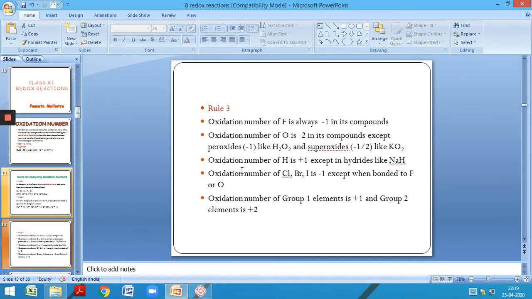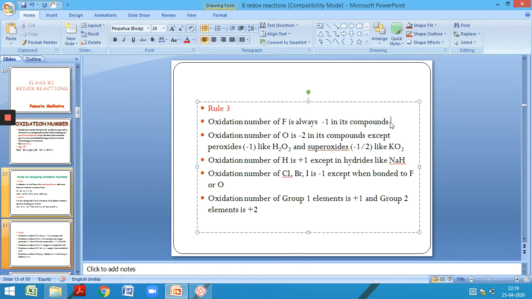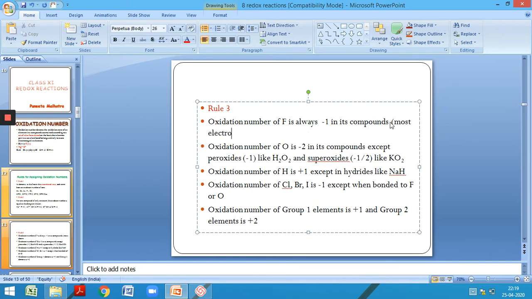The third rule states that the oxidation number of fluorine is always -1 in its compounds because fluorine is the most electronegative element. Fluorine is the most electronegative element known. Therefore, the oxidation number of fluorine is always -1 in its compounds.